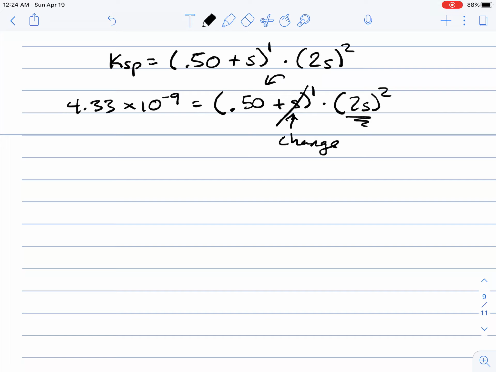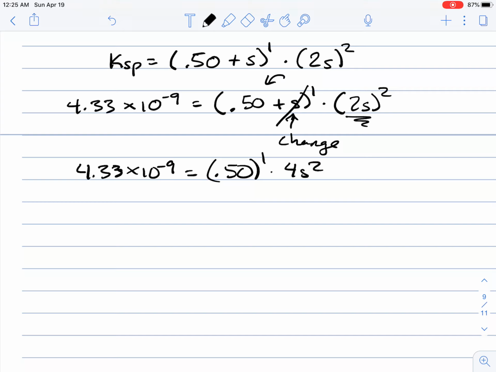And I'm still going to keep this 2S because we're not comparing it against another number. It's just 2 times S squared, which is going to give us a value that's greater than 0, and that's significant. And so 4.33 times 10 to the negative 9 equals 0.50 raised to the first power times this by 4S squared.